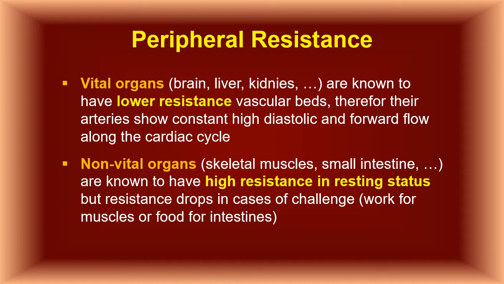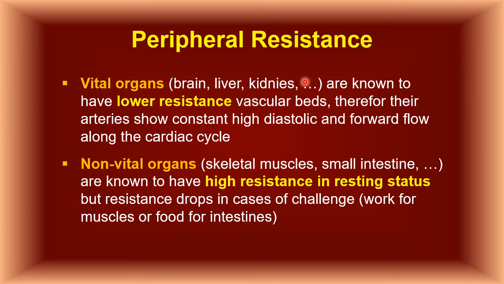To understand this, we need to know that in our body, we have special organs, we call them vital organs. Vital organs means what? We cannot survive without them. Examples: we have the brain, liver, kidneys, heart, many organs in our body are called vital organs.